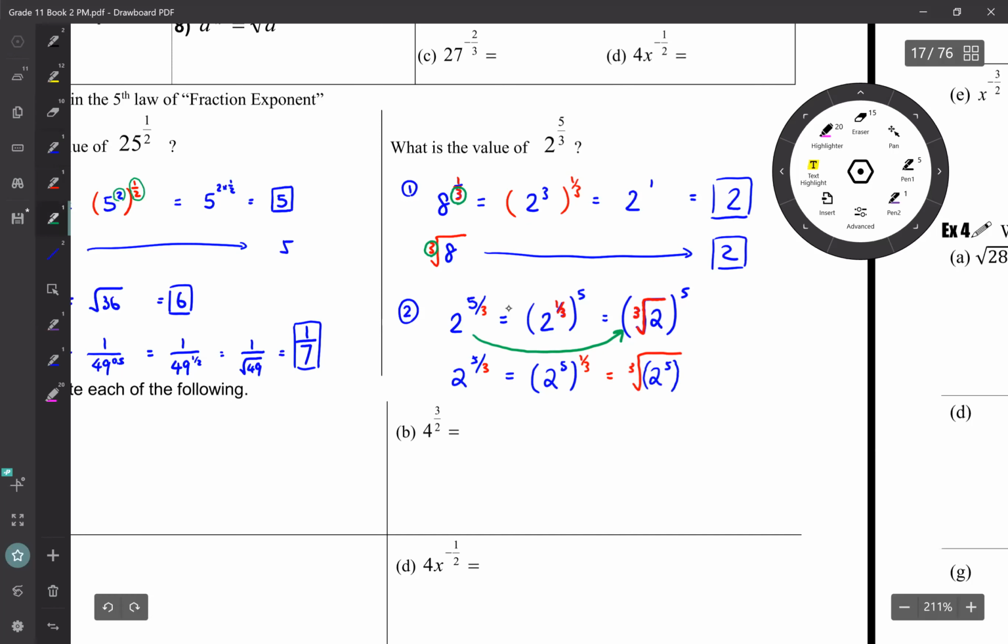Okay, so please compare these two. Both of them are same questions, right? But the way it means is different. Answer is the same, okay? But then the way you write it out is different. So both are correct, but I would prefer the second way.